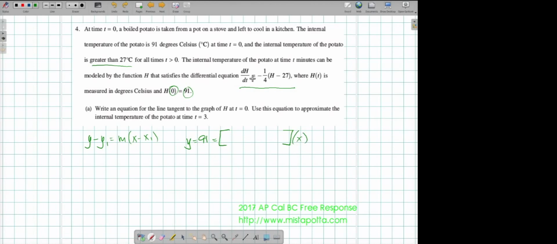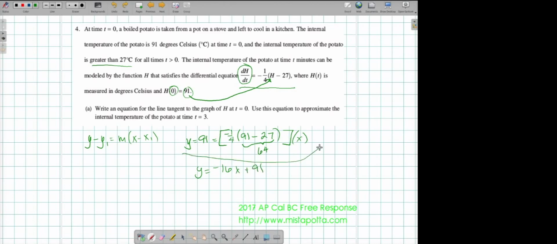My slope is going to be whatever the derivative is for h, but notice that h is 91. So I end up with negative 1/4 times 91 minus 27. And this is a perfectly legitimate answer, although it would be helpful to know that this comes out to be 64, and so I could really write this as negative 16x plus 91.